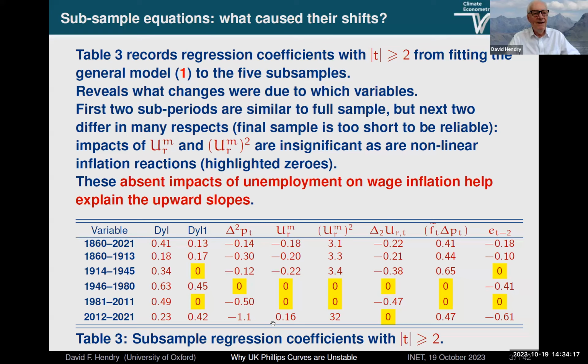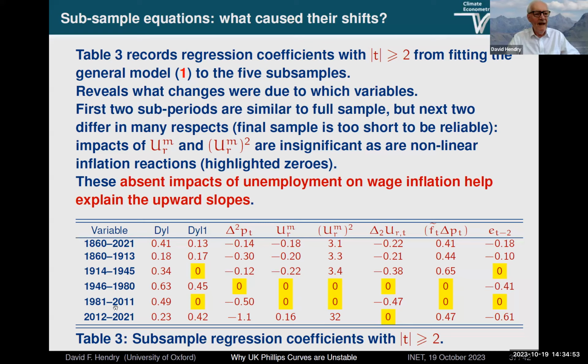The puzzle isn't due to shifting variables causing the equation to crash. And that was obvious because 1914 to 45 has never seen so many shifts, and yet it was almost exactly the same estimates as Bill Phillips' original period. Then we come to a quiescent period, post-war reconstruction. Only at the very end does the oil crisis begin to disturb it, and suddenly it sloped upwards. And that's because these variables aren't having any effect on the outcome.